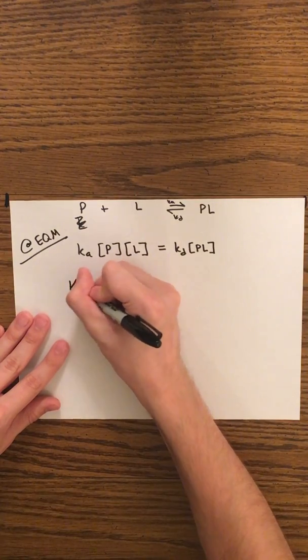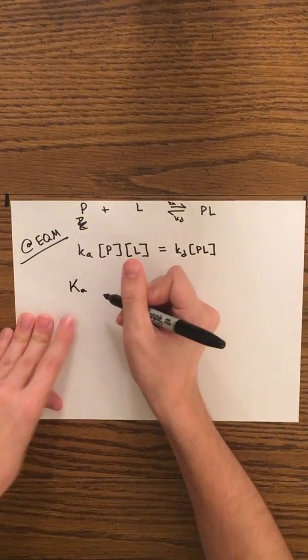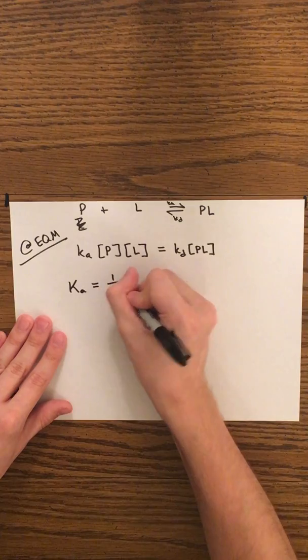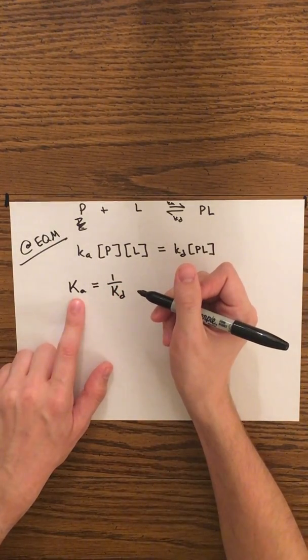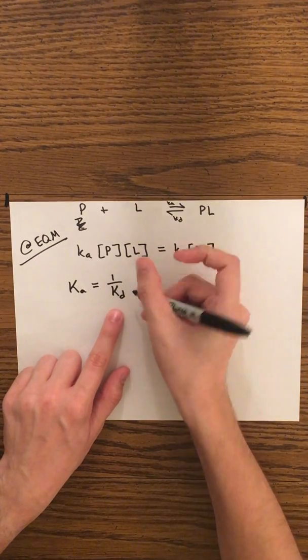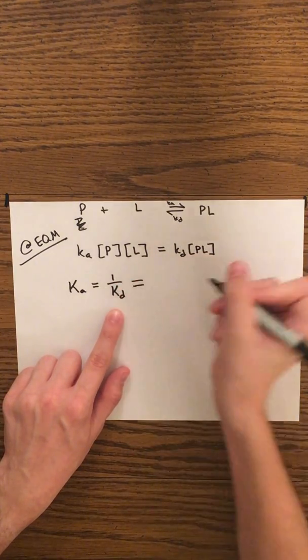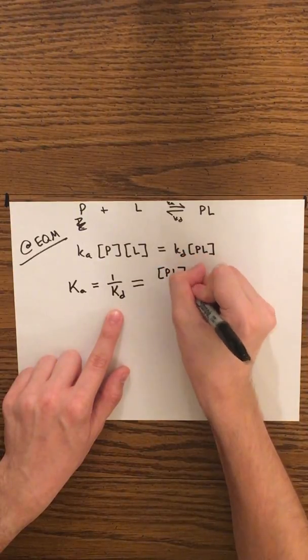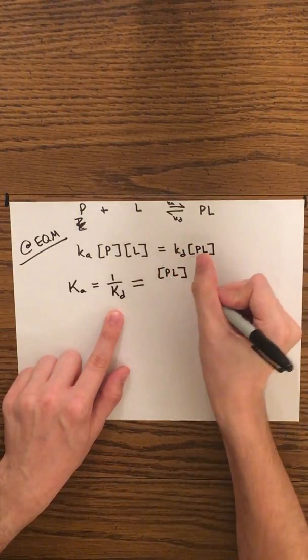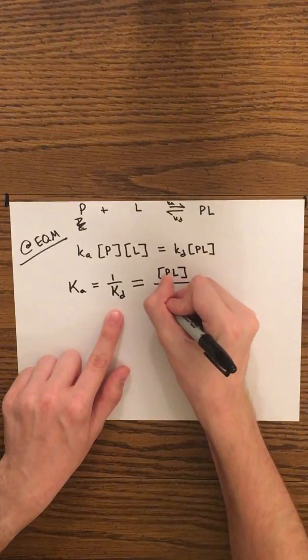We also know, again, this is capital K, the equilibrium association constant is equal to the reciprocal of the equilibrium dissociation constant, and that is equal to that.